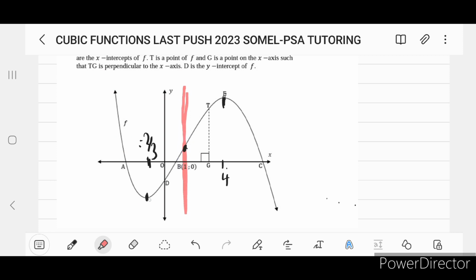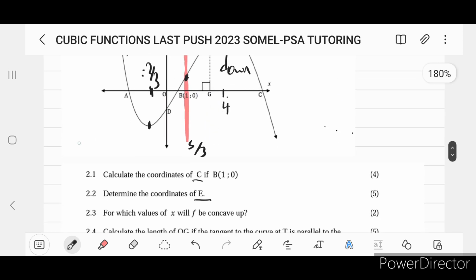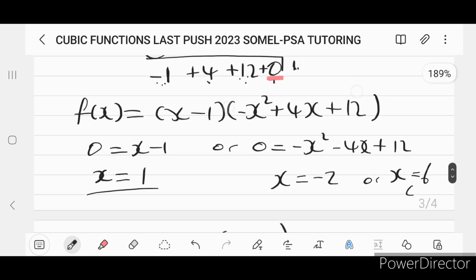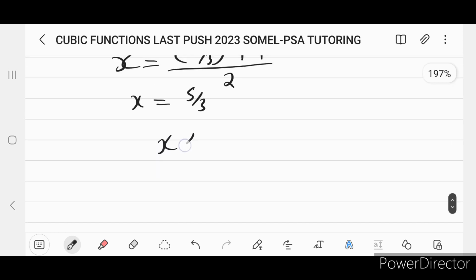So on this side, you see it's smiling, and then the other side is frowning. Where it is smiling, we say it is up. Where it is frowning, we say it is down. So this is 5 over 3. So where is it concave up? It is less than 5 over 3. So you can say now x must be less than 5 over 3.